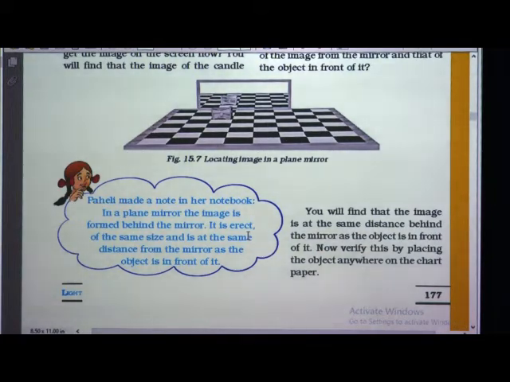So this is the erect position, of the same size, and at the same distance from the mirror as the object is in front of it.